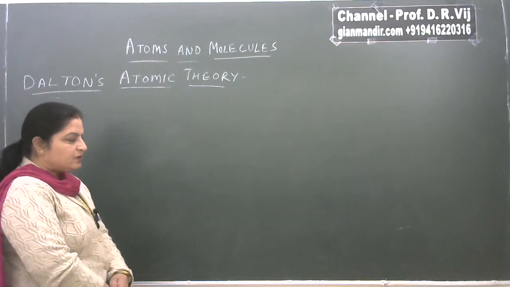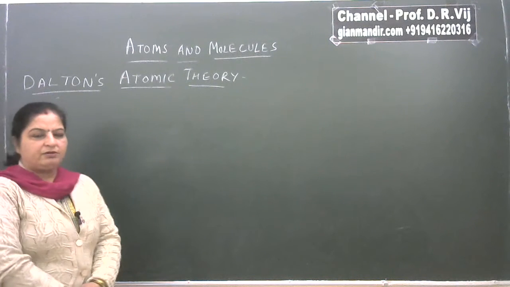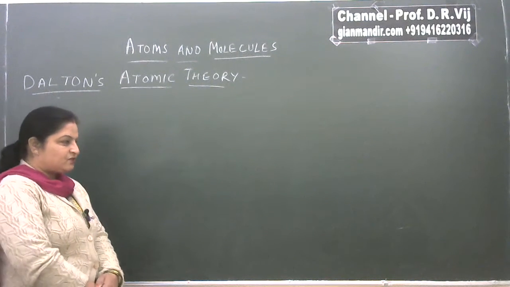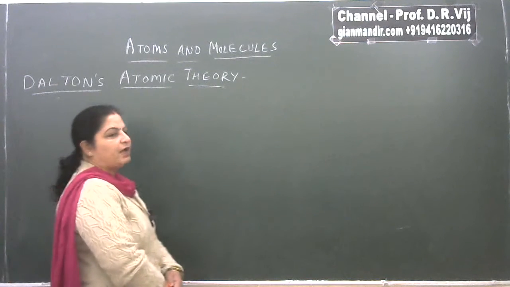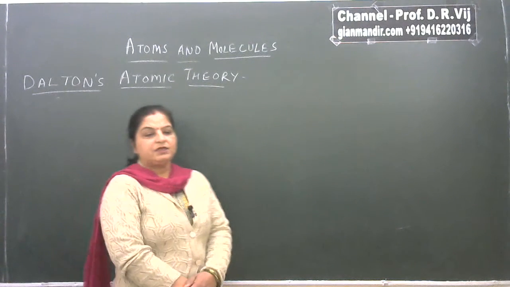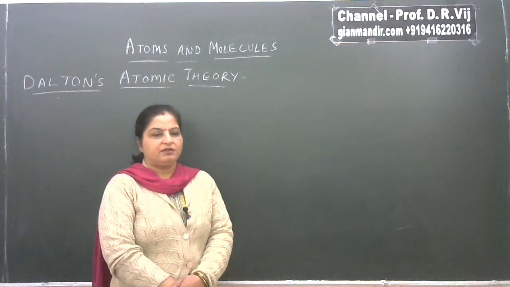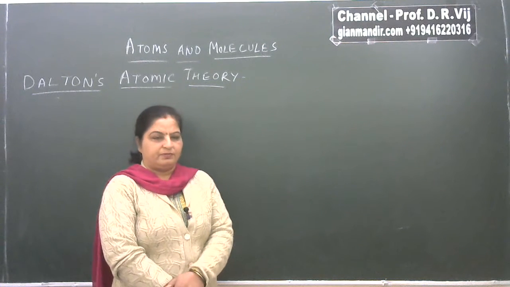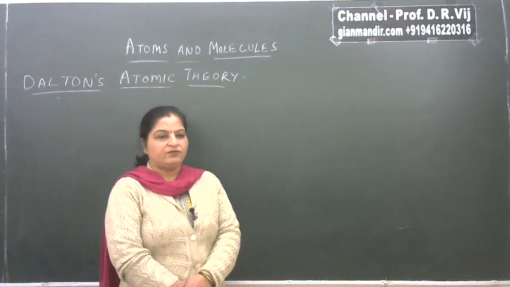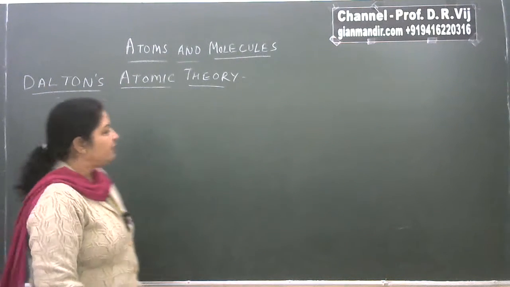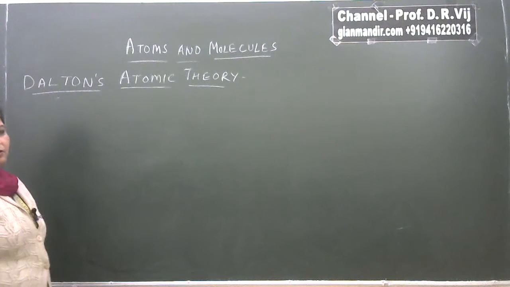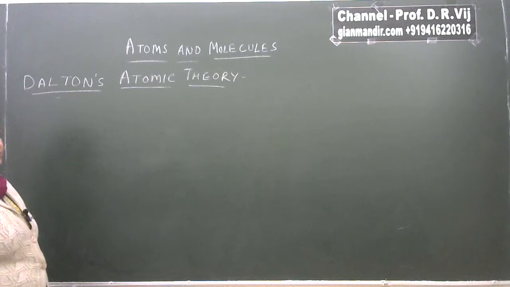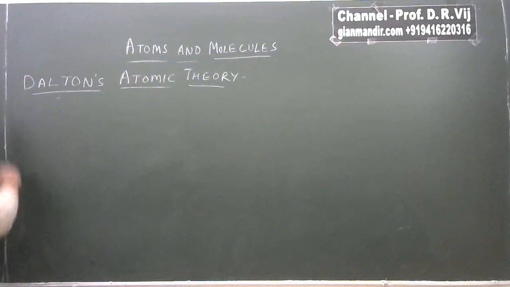Dalton's atomic theory gives us more information about the atom, and it gives a theoretical explanation for the laws of chemical combination. So, let's first look at the various postulates of Dalton's atomic theory.